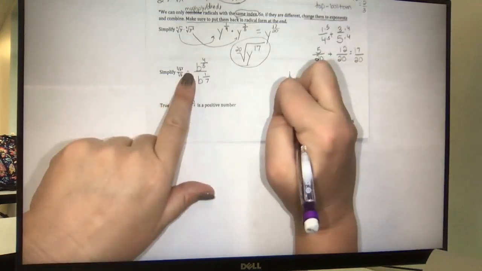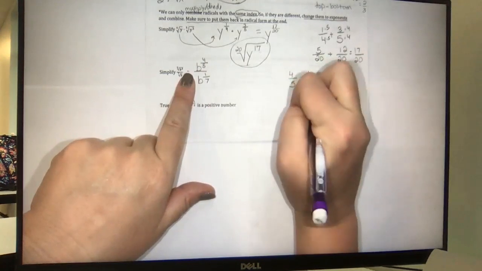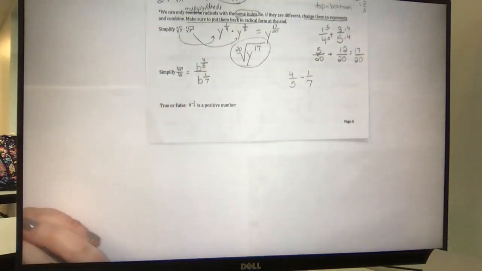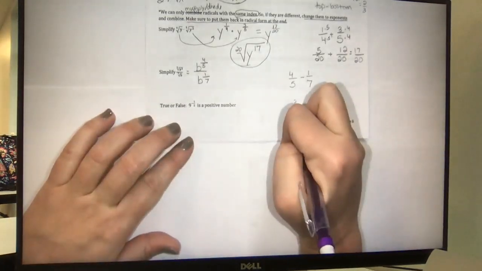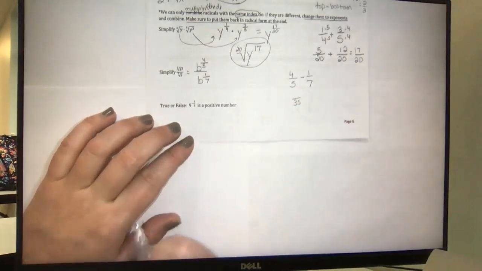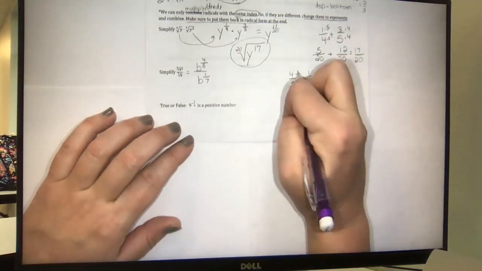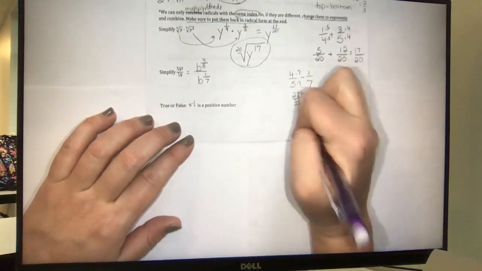Okay, so I'm going to come over here and I'm going to do 4/5 minus 1/7. Well, I got to have a common denominator. So for 5 and 7, I'm looking at 35, right? So for 4/5 to get a 35, I'm going to multiply top and bottom by 7.